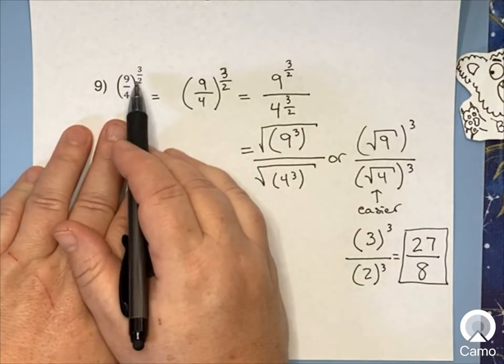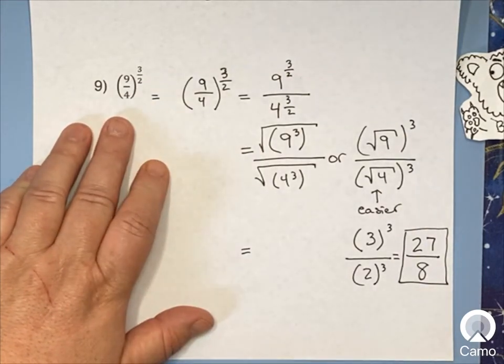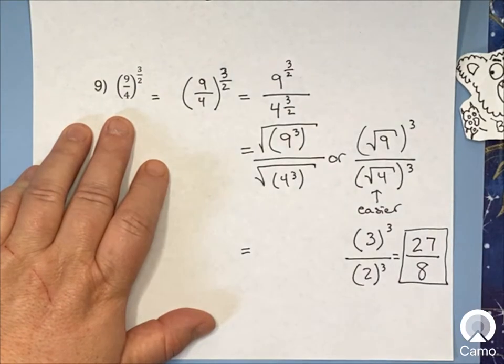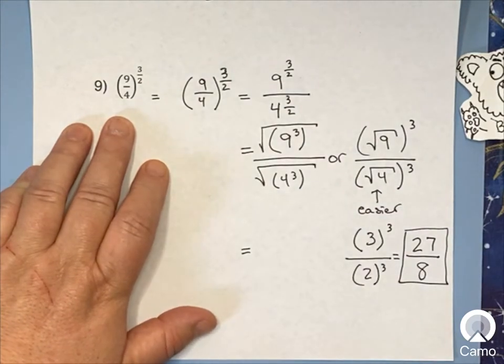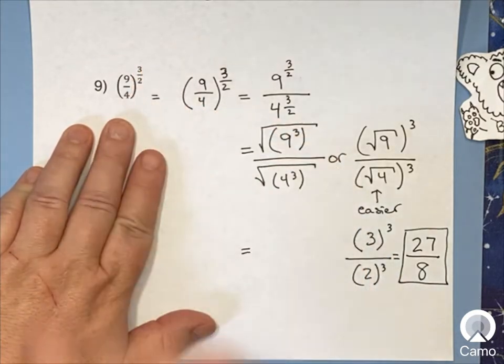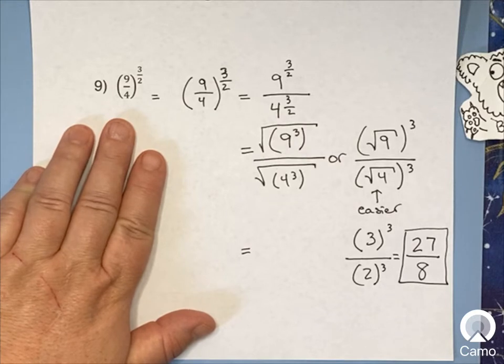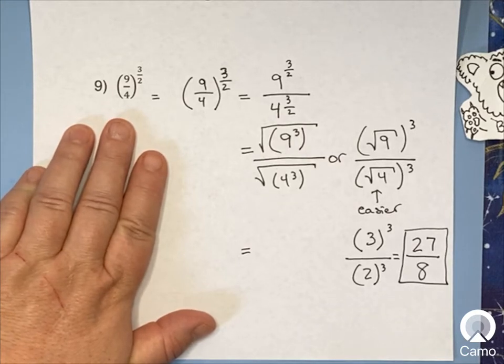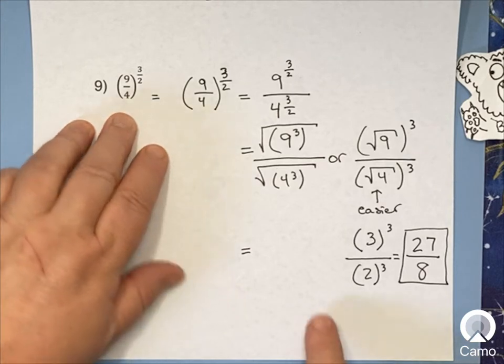So 3 halves as an exponent is between 2 halves, which would be 1. So 9/4 to the 1 would just be 9/4. 9/4 squared would be 9 squared over 4 squared, which would be 81 over 16. But 3 halves is right in the middle of that. It's like 1.5. You don't just leave it as 9/4, but we don't go as far as squaring. So let's take a look.